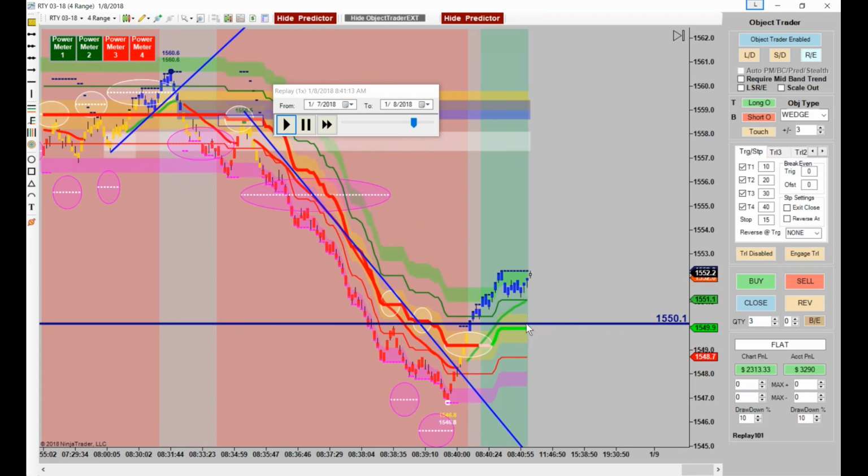Let's see if we can get one. Watch predictor also. I'm going to speed this up and see. This may have just gone to the moon. I don't remember. I think that, like always, they thrust and retrace, obviously.